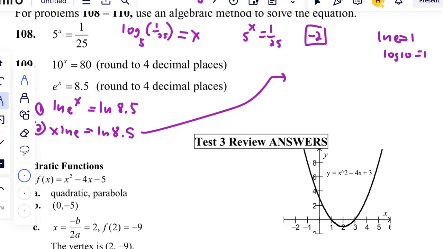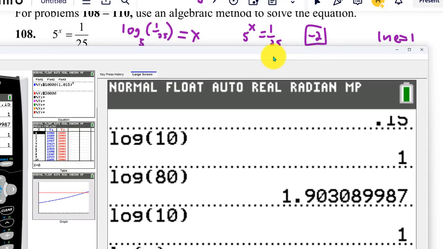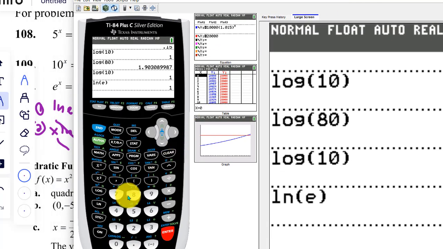Okay, so you can essentially just cross that out, right? So we have x times 1 equals natural log of 8.5, right? Again, this ln e is equal to 1. So it's really like saying x times 1, which is just x. All right, so I do need to do ln of 8.5, or the natural log of 8.5.